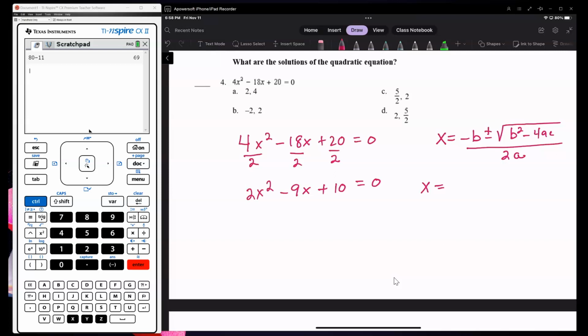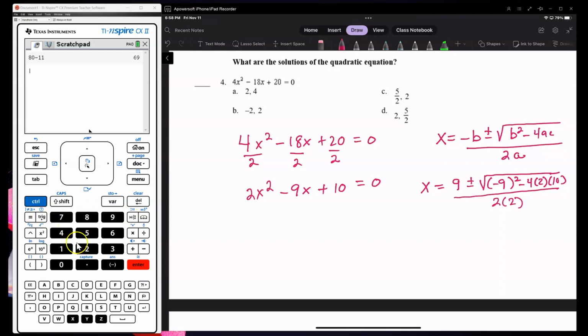So you have x equals 9 plus or minus the square root. Of course, this is a discriminant. Negative 9 squared minus 4 times 2 times 10, divided by 2 times 2. So we're going to evaluate the discriminant.